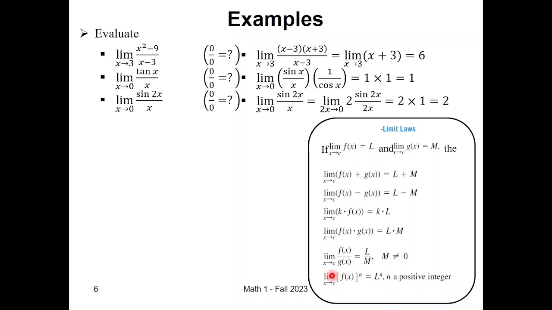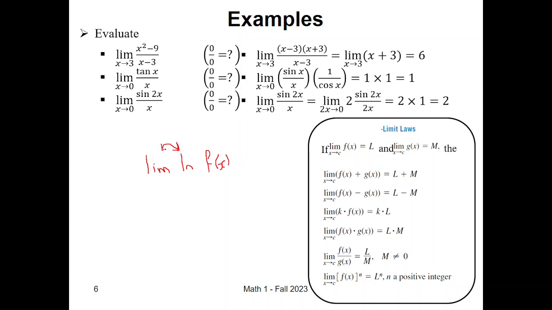So, for example, if we have something like this, if we want to find the limit of ln of some function f(x), we can start by finding the limit and then take the ln. We can interchange limit and ln.